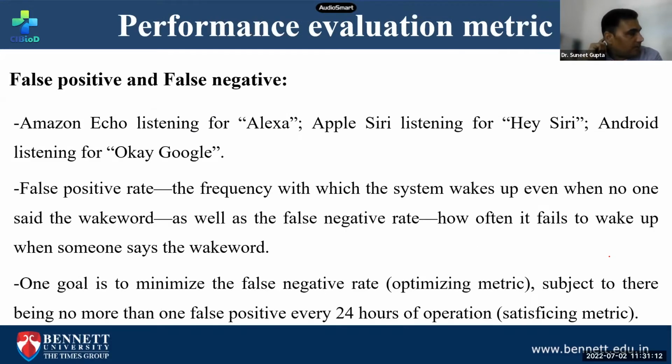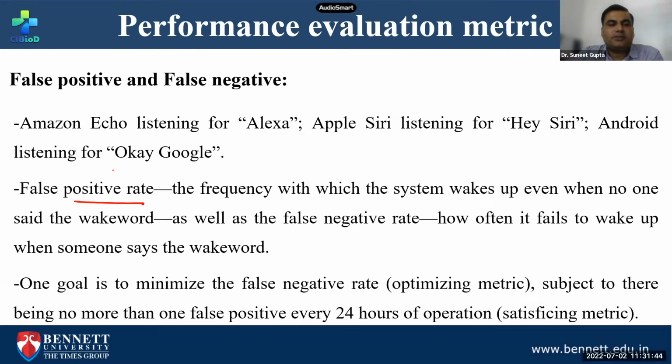Okay, so the next important thing while you are working on the development of a deep learning model for the healthcare sector is the false positive and false negative rate. I'll take one example. So here you can see false positive rate, the frequency with which the system wakes up. This example is related to Amazon Alexa, Siri, or OK Google.